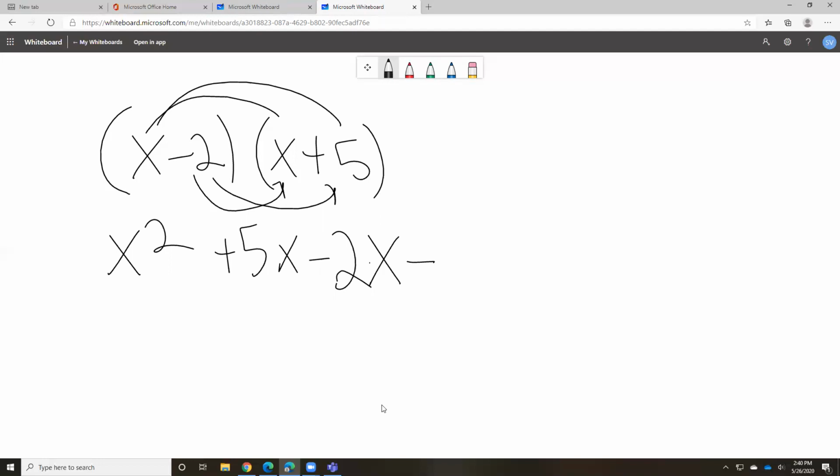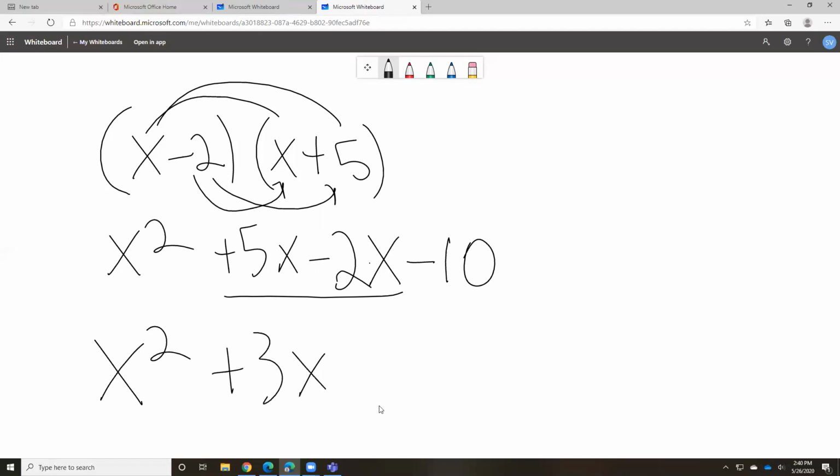And 2 times 5 is 10. All right. So combining like terms, this is going to be easy to see because we have 5x and we take away 2x. So what will that give me? 3x. 5 minus 2 is 3. That's all there is to it, and bring down the negative 10. Okay.